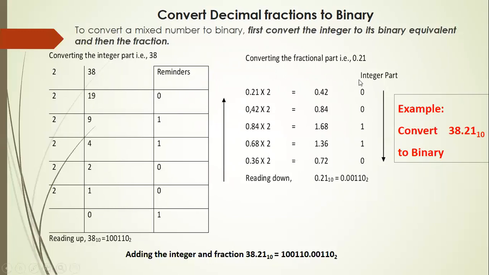Because these are the integer portions, we read down. Reading down, we find 00110. So the binary equivalent of 0.21 is 0.00110. Adding the integer and fraction, 38.21 is equal to 100110.00110.